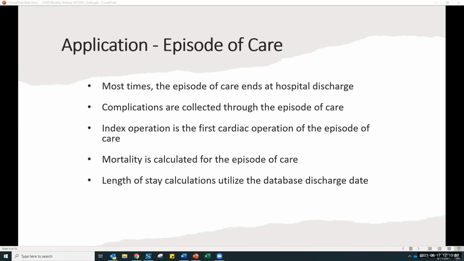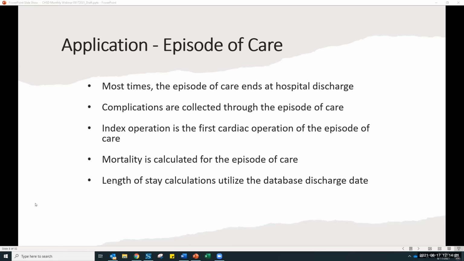And then in the analysis report, the length of stay calculations actually use this database discharge date and not the hospital discharge date. So when you're looking at your analysis report, understand that for persons that went to other long-term care facilities or other acute care facilities following discharge from your institution, the length of stay is actually using this database discharge date, which is the length of stay of your episode of care.